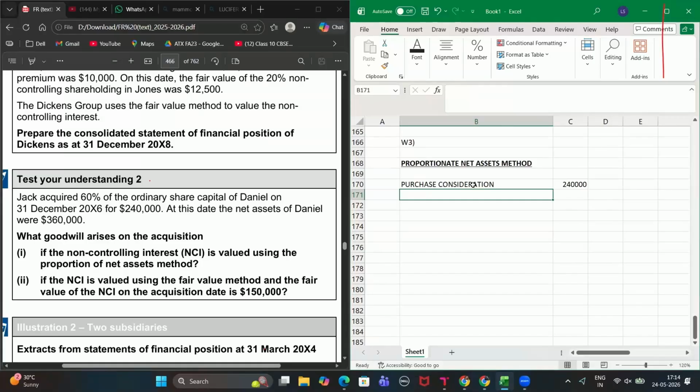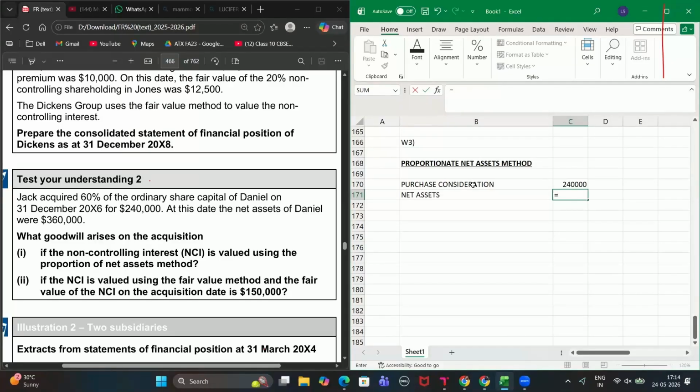How do we calculate net assets? We will directly subtract net assets. See, how much did we acquire? How much percentage of Daniel did we acquire? 60 percent.